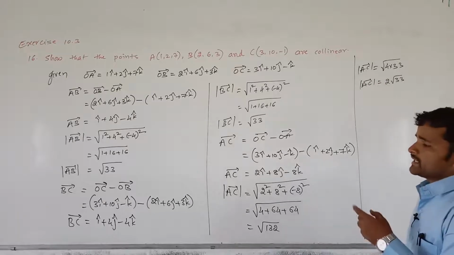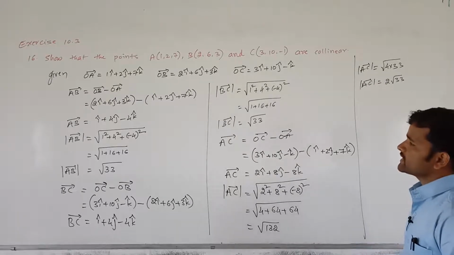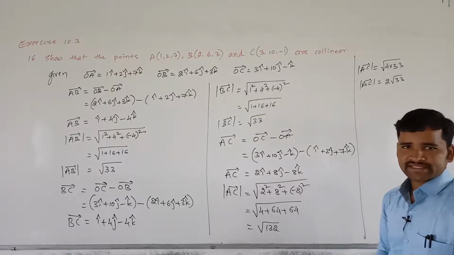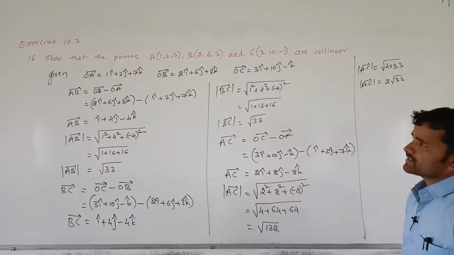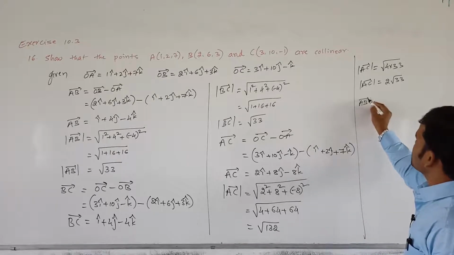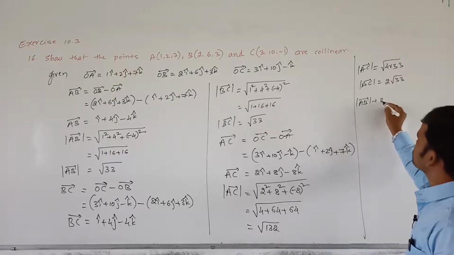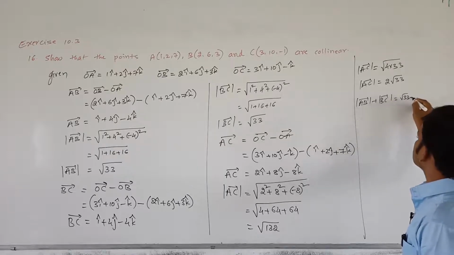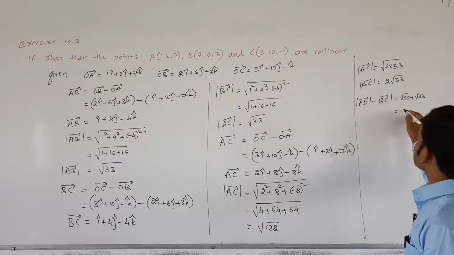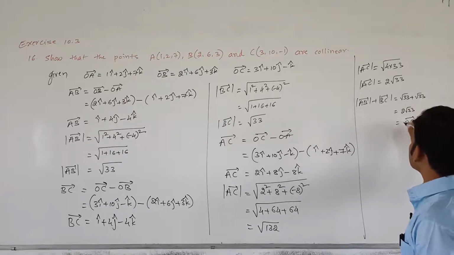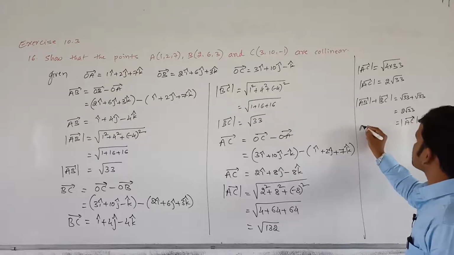You see, the length of AB and the length of BC sum is equal to the length of AC. So, these 3 points are collinear. Let us write it: length of vector AB plus length of vector BC is equal to root 33 plus root 33. This is equal to 2 times root 33, which is the same as the length of AC.